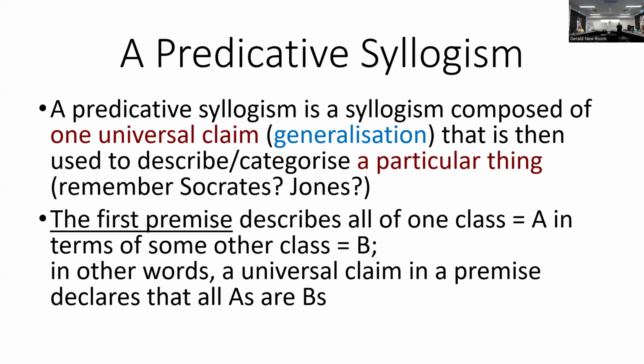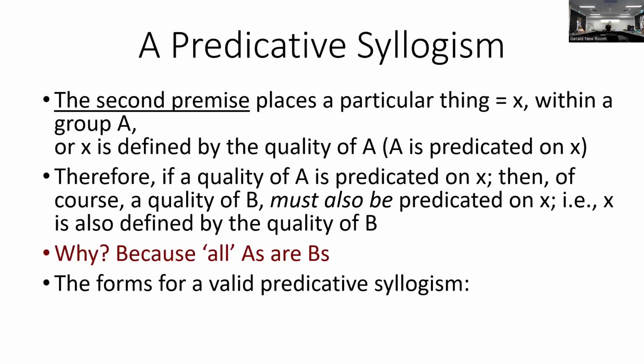So the first premise describes all of one class A in terms of some other class B. In other words, the universal claim in a premise declares that all A's are B's. As you will see later on, it's really important to remember this.